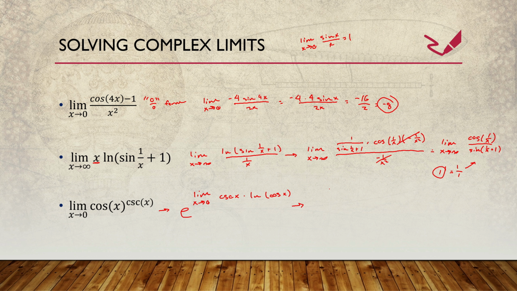So if we have this, and we were to simplify this, we can have the natural log of cosine x all over 1 over cosecant of x.